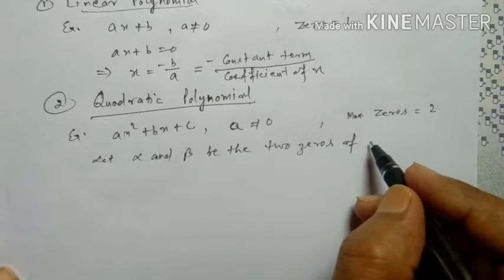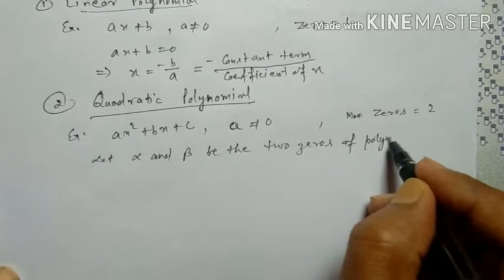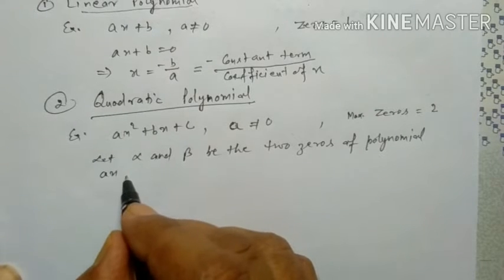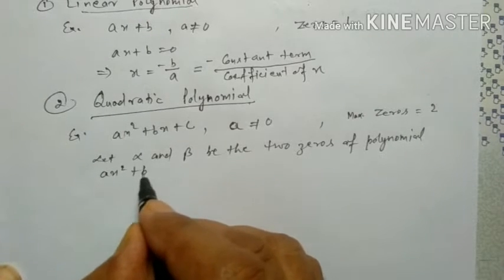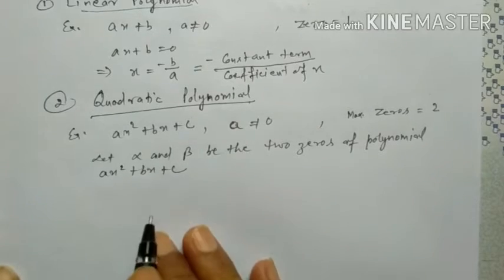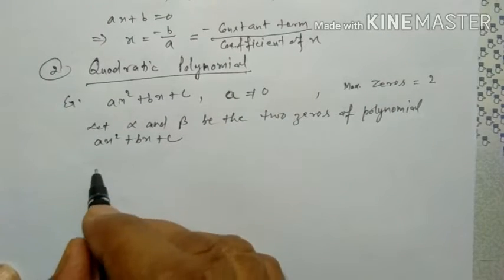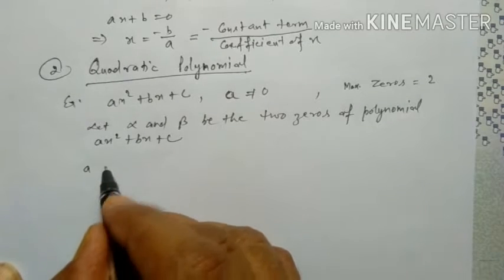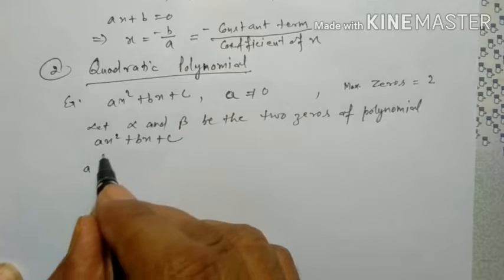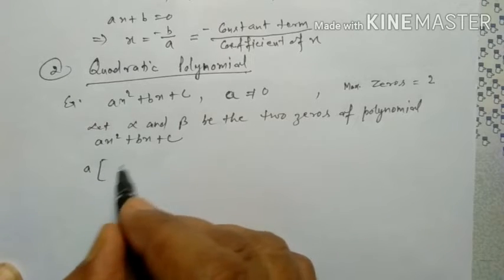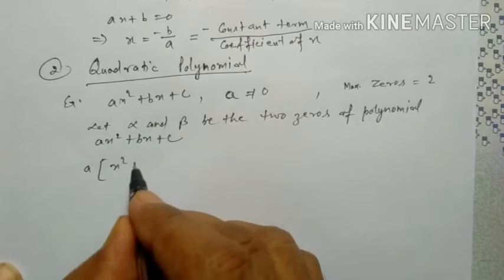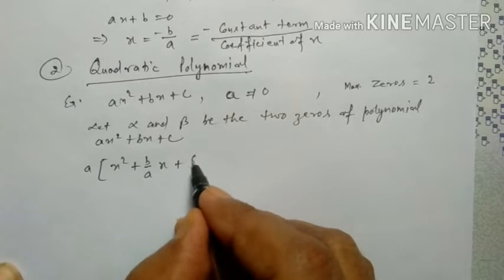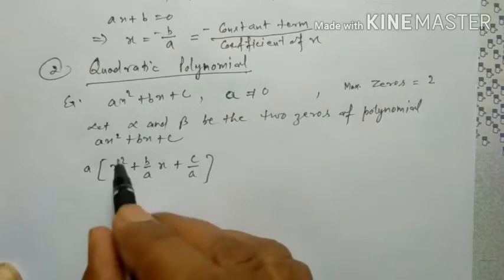Let alpha and beta be the two zeros of the polynomial ax square plus bx plus c. Then we can take a common and write x square plus b by a x plus c by a.